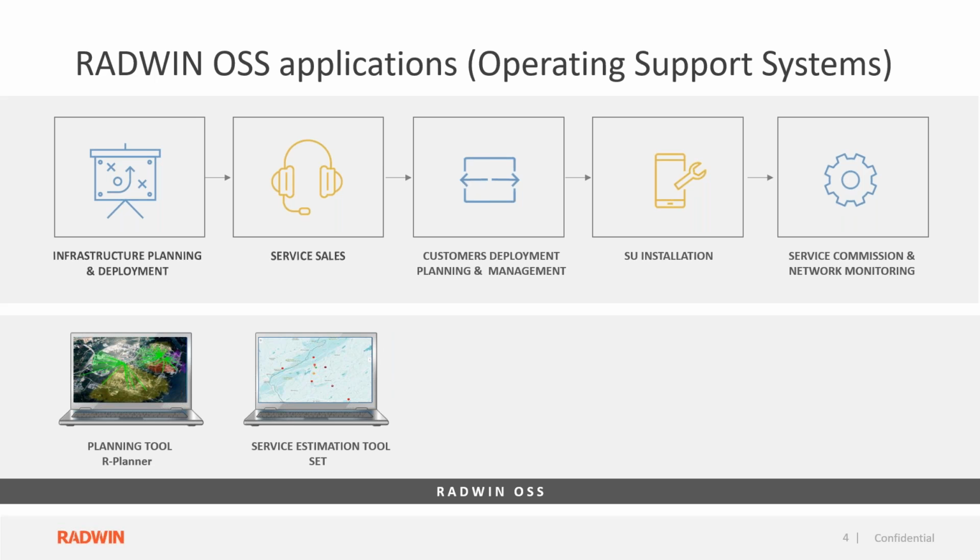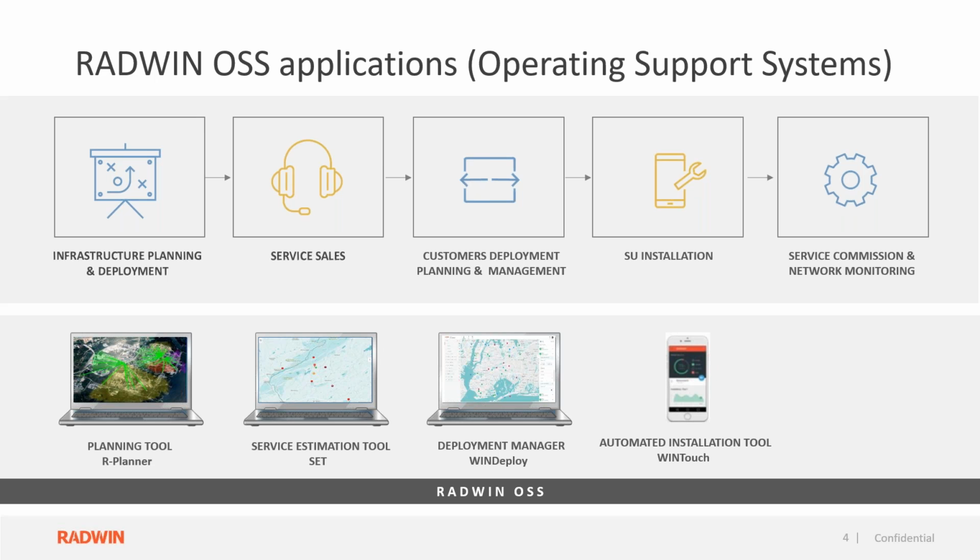And we have the WinTouch. The WinTouch is a platform based on a cellular application where you can create a work order for your installer. The work order comes with the cellular application to the site and starts to align the antenna.